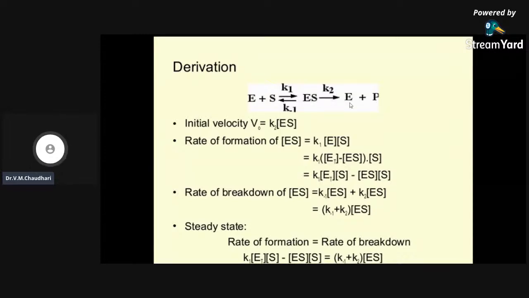The rate constants of this reaction: K1 is the rate constant for the forward reaction, K2 is the rate constant for the forward reaction, that is conversion of ES to E, and K minus 1 is the rate constant for the backward reaction, that is ES is converted to E plus S. म्हणजे this rate is K minus 1, this rate is negligible. निग्लिजिबल असतं की एन्झाईमचं सबस्ट्रेट बरोबर कॉम्बिनेशन झालं की ते प्रॉडक्टमध्येच कन्वर्ट होतं, ते काही परत होत नाही, म्हणून हा रेट निग्लिजिबल असतो.